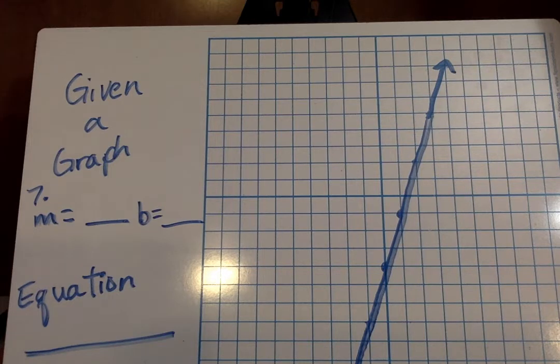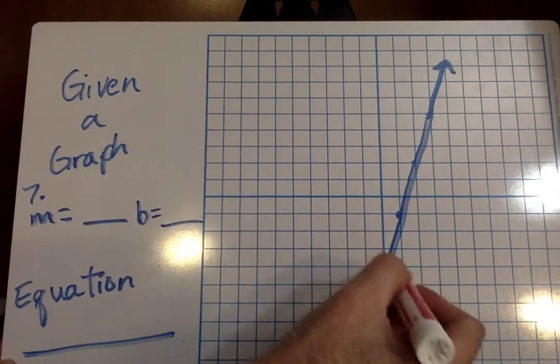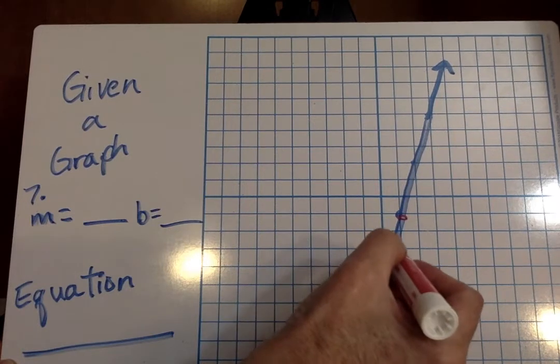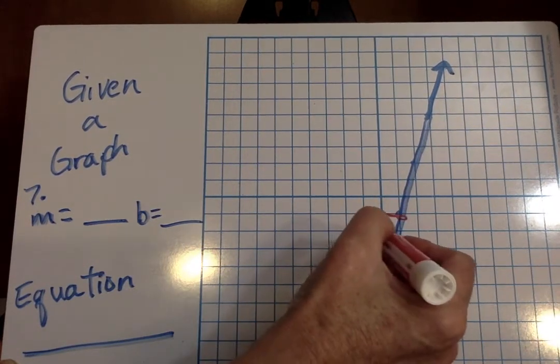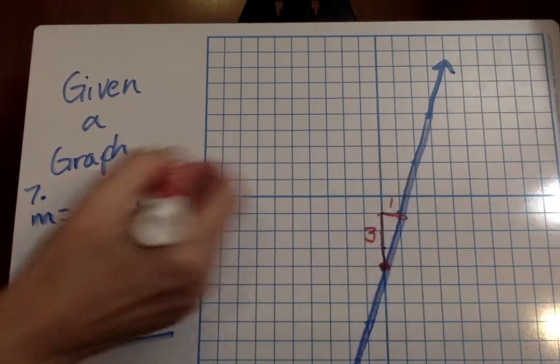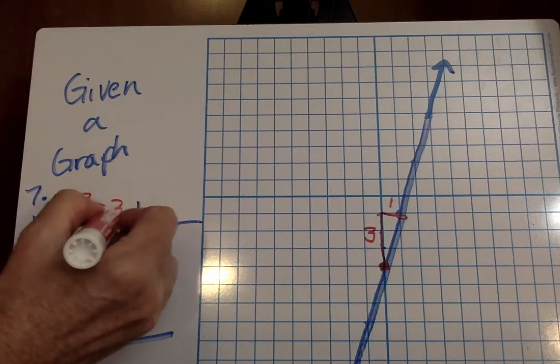So if I look at my 2 dots on the graph, I can figure out my slope from that. If I start here and I go up here, I rise 1, 2, 3, and we're going to go ahead and draw the triangle. Rise 3, run 1. So 3 over 1, which simplifies to 3.